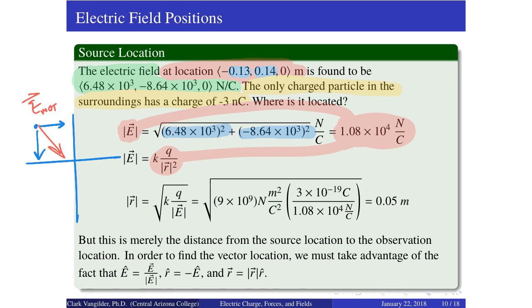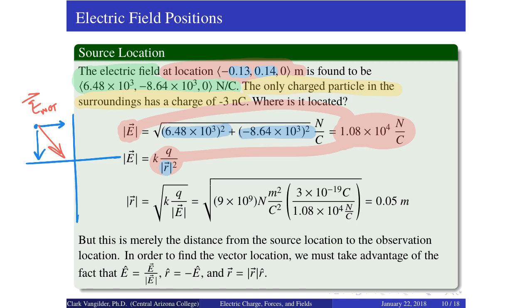Okay? And I could basically do math and figure out, okay, here's how far away that charge is. It doesn't tell me where yet, it just tells me how far away from this location it is.